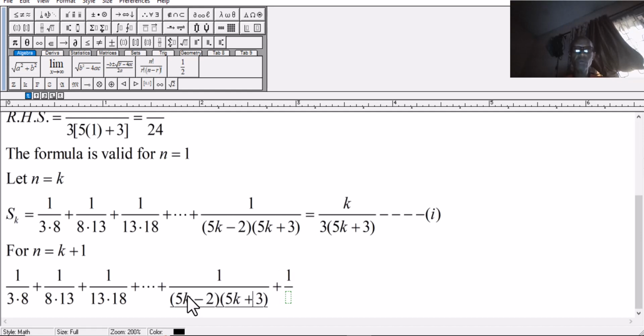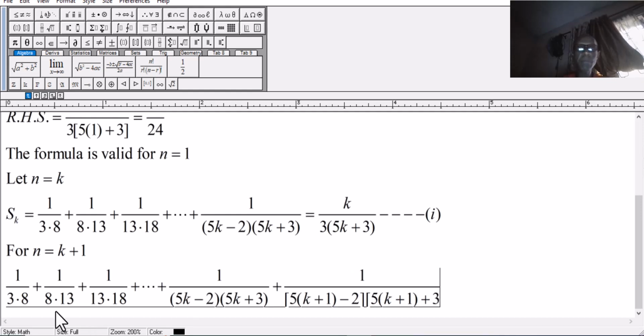So now what we have here is 5 into k plus 1. So that's the term we are dealing with. Minus 2. Then 5 into k plus 1 plus 3.